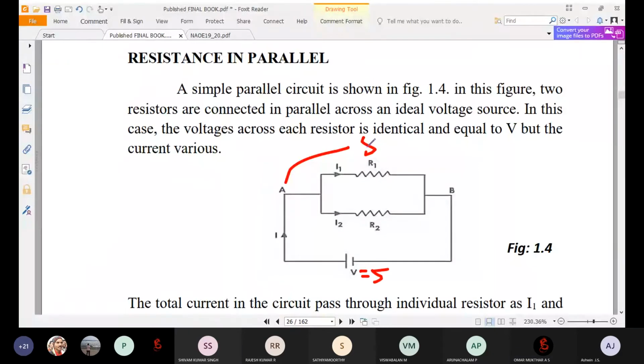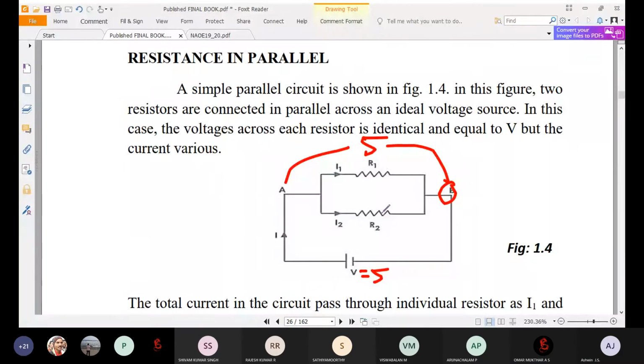The same 5 volts is applicable for resistor R1 as well as resistor R2, because one node of R1 is connected to A, similarly one node of R2 is connected to A, and the other terminals of R1 and R2 are connected to node B. So 5 volts is available at both R1 and R2. It is common. If you connect many elements in parallel, the voltage will be equal across each and every element.